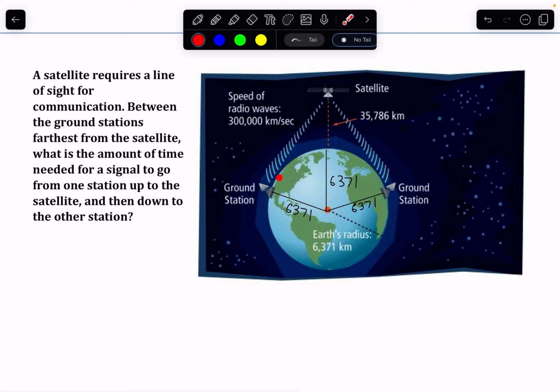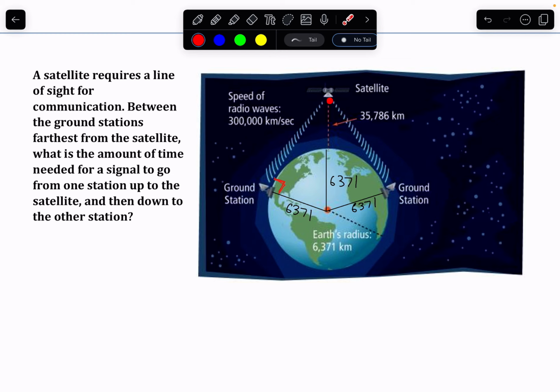So it goes towards Earth all the way as far as it can, and then it goes away from Earth, meaning this line is tangent to the circle, and there will be a right angle between the line and the radius of the Earth. That gives us a right triangle where we can then use the Pythagorean theorem to find the length of the missing side.